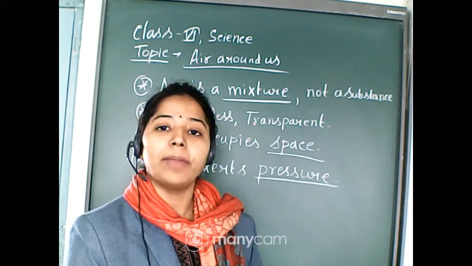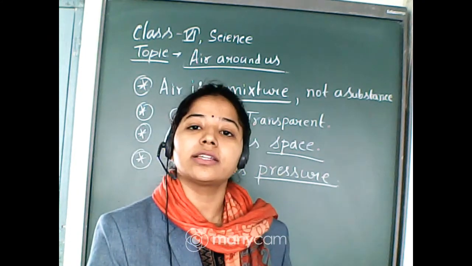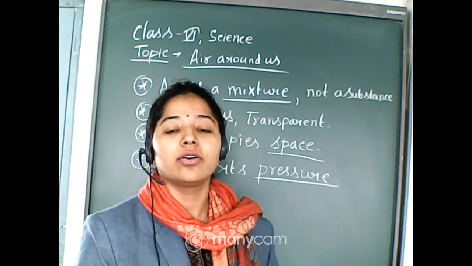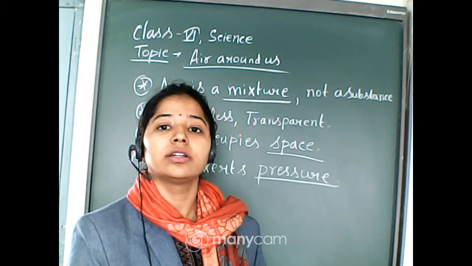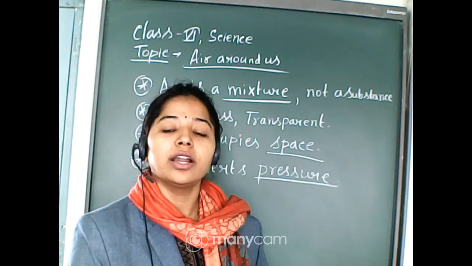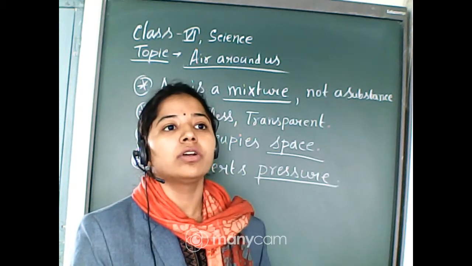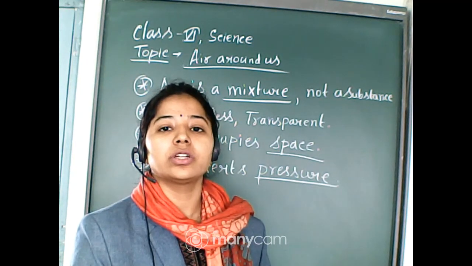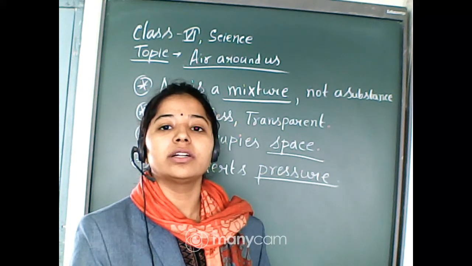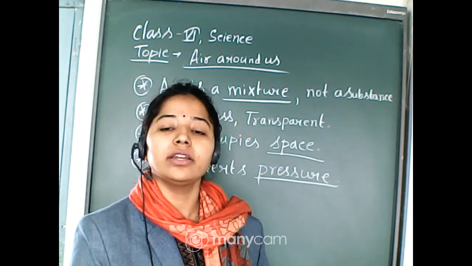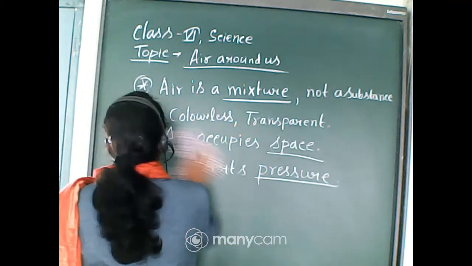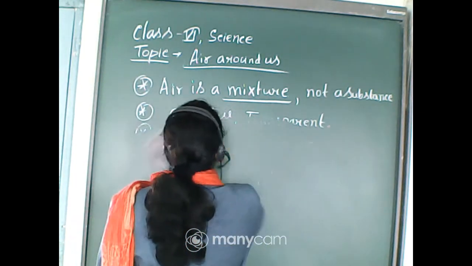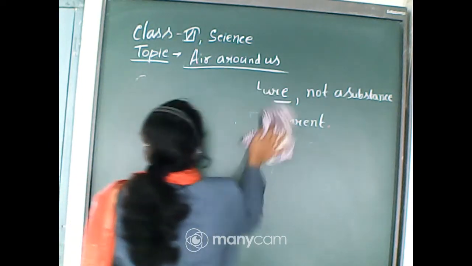Okay, I hope you understood. Now, on the basis of different temperature, this atmosphere can be divided into 5 categories. This is not in your book, just for your information and for your proper concept.